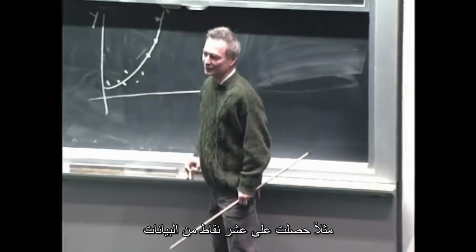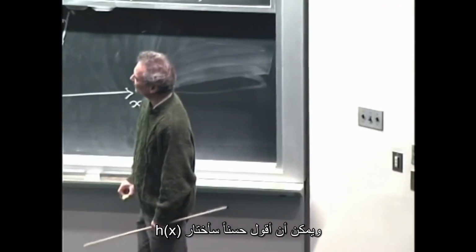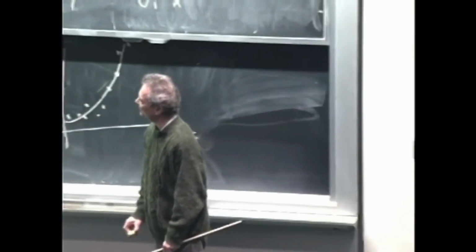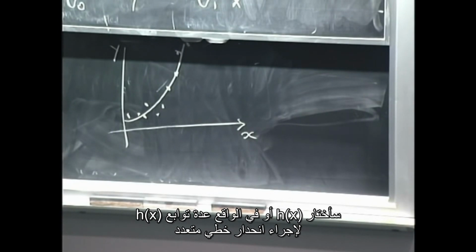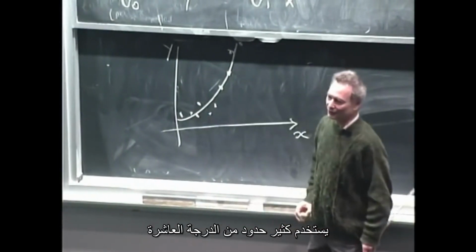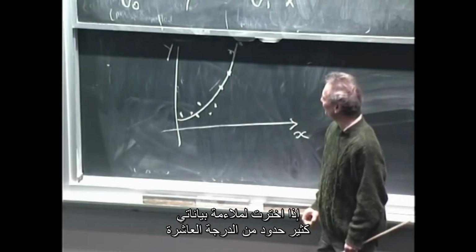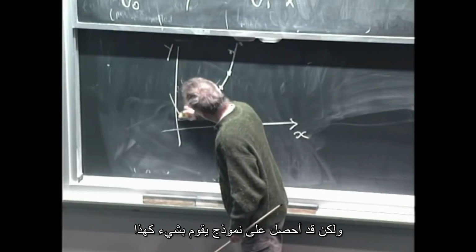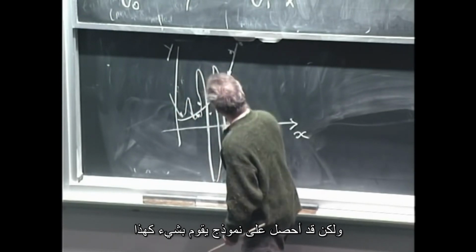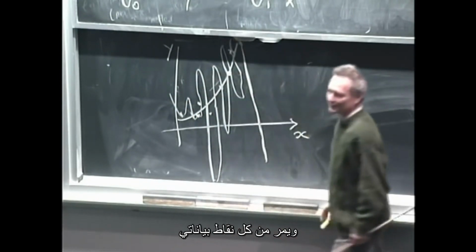For example, I got my 10 data points, and I could say, okay, I'm going to choose h of x, and actually multiple h's of x, to do a multiple linear regression in which I'm going to build a model that uses a 10th degree polynomial. If I choose to fit my data with a 10th degree polynomial, I'm going to fit my data perfectly, but I may obtain a model that does something like this and goes through all my data points.